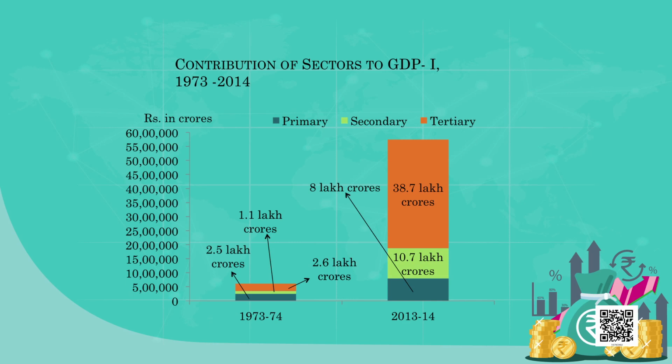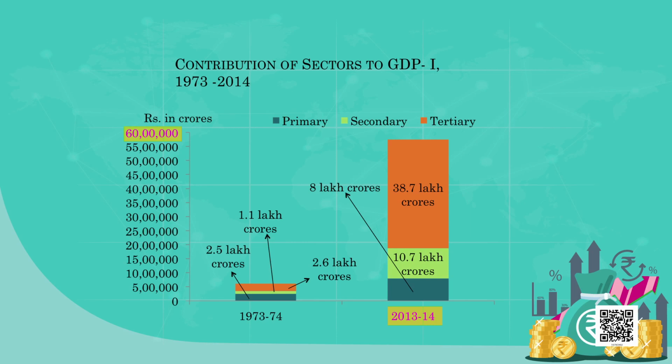If you look at the total value of GDP in 1973-74, it was roughly about 5 lakh crores. Totally how much we were able to produce? 5 lakh crores worth of goods. But today, in recent years like 2013-14, we are able to produce almost 60 lakh crores worth of goods and services in India.